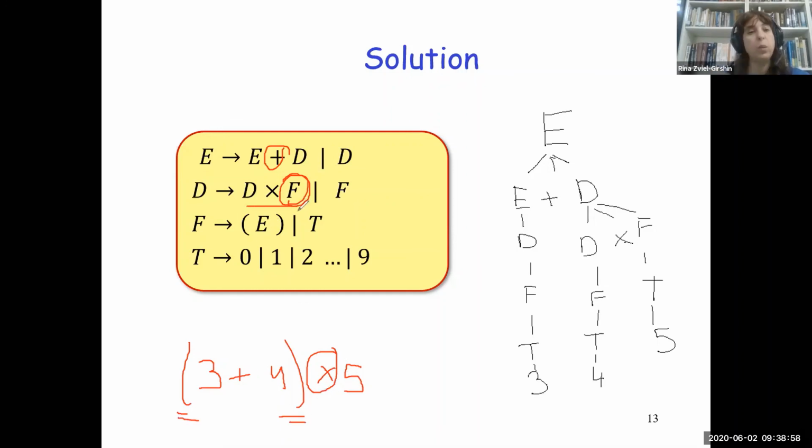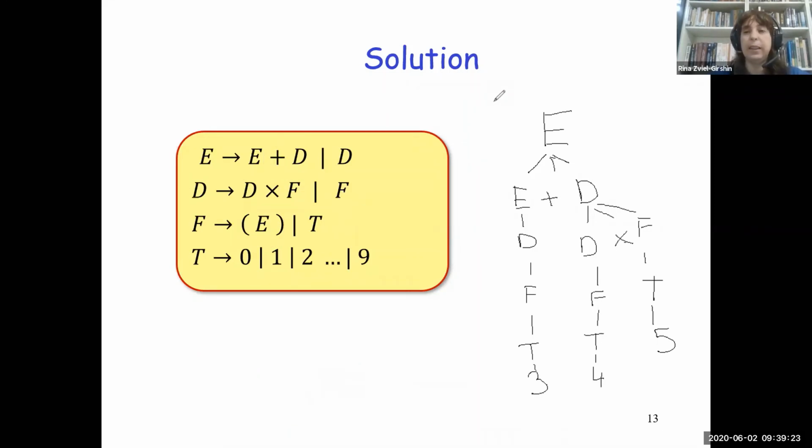So if I use multiplication right now, I can add brackets, but only at the right side, not at the left side. That is why I will go from E to D, from D to F, and then I will use this rule as a rule for having brackets at the right side. So let's do the solution together.